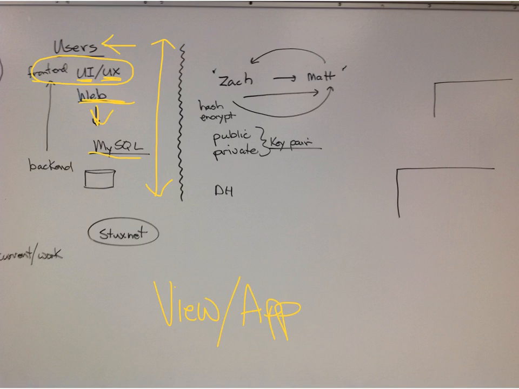Then we talked about a database that you might be interacting with. Storage, we call this the back end. Being able to do all of the programming on this end and the design on this end is called a full stack.